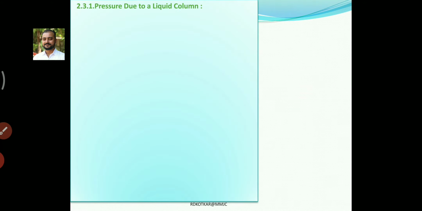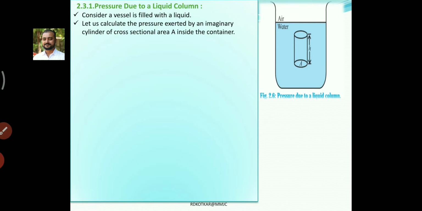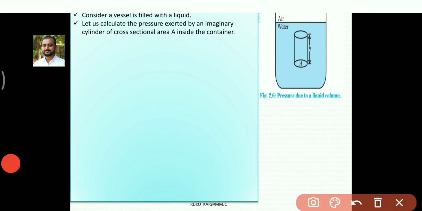Now, pressure due to a liquid column. For that we consider a vessel which is filled with a liquid. Let us calculate the pressure exerted by an imaginary cylinder of cross-sectional area A inside the container. This cylinder considered here is imaginary, meaning there is no physical presence of this cylinder.